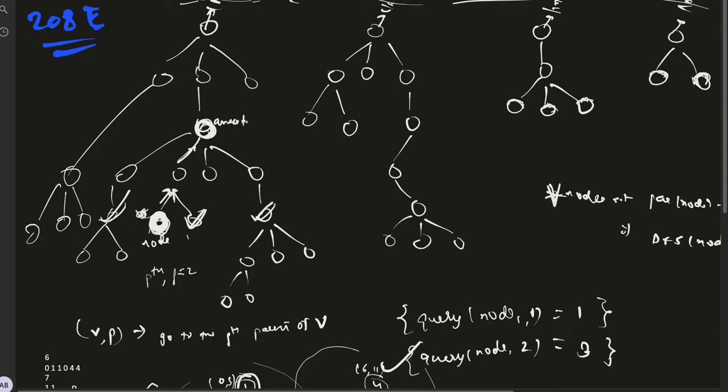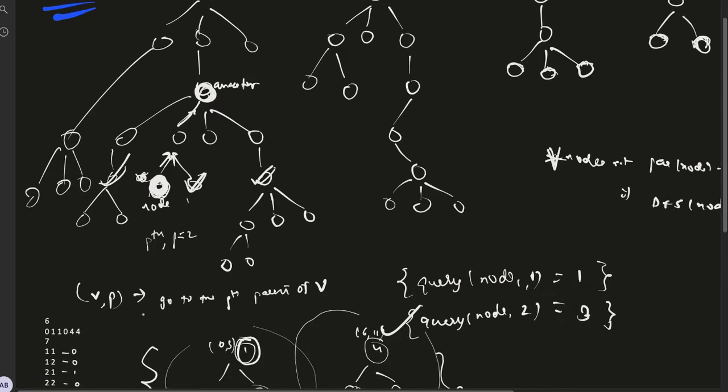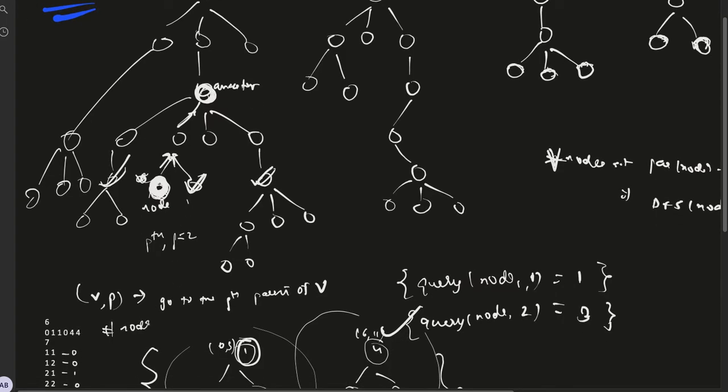Let's call this the ancestor. We need to find the number of nodes in the subtree of the ancestor at a depth equal to the depth of v, where v is this node. Let's call this count n. So the answer would be n minus 1.